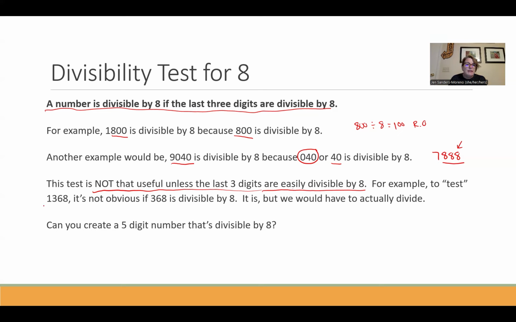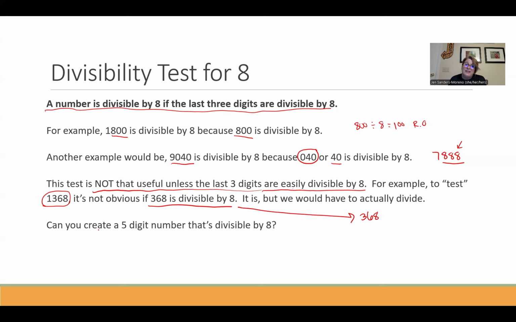But if you gave me this number, 1,368, it's not obvious to me if 368 is divisible by 8. Like, I have no idea. I'm good at arithmetic, but off the top of my head, no, I don't know if that's divisible by 8. So to me, this really isn't that much of a hack for things that aren't obvious.